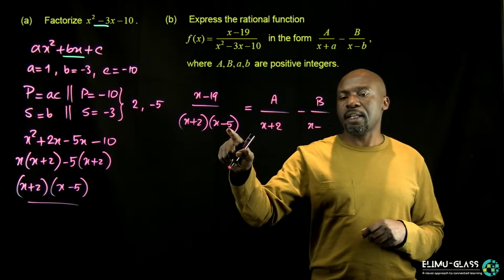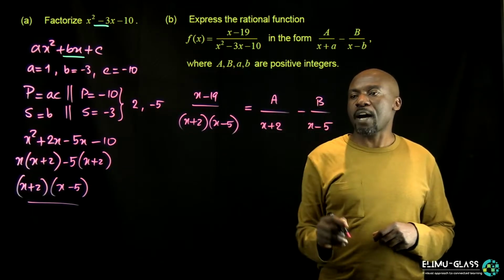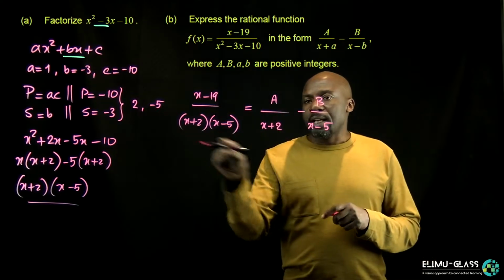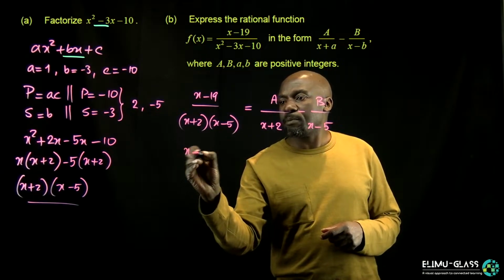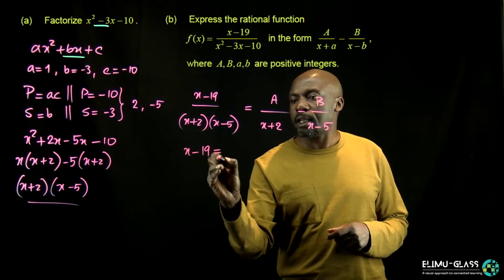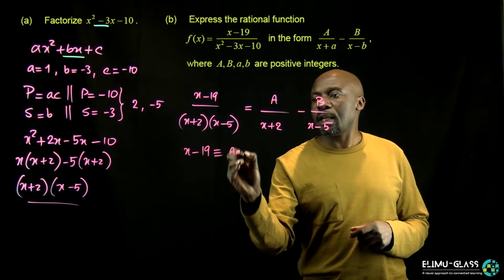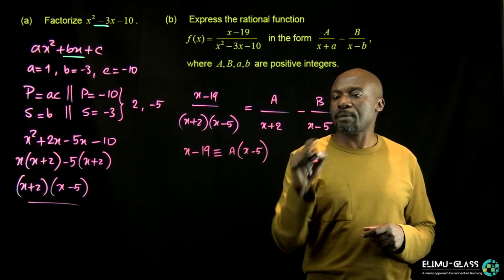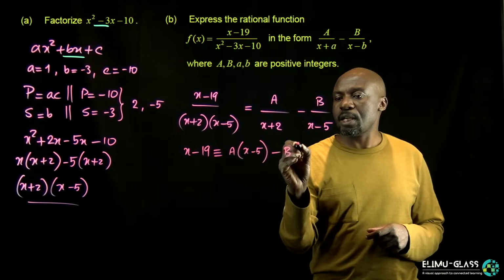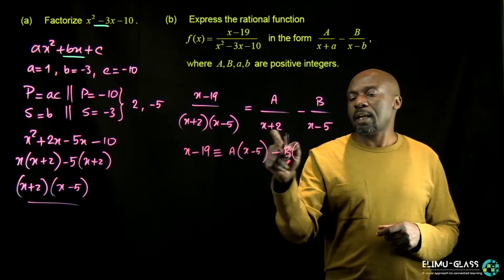If we compare that here, we see that has to be 5. Combining this together and skipping one step, we can express this as x minus 19 is equivalent to A times x minus 5, minus B times x plus 2.